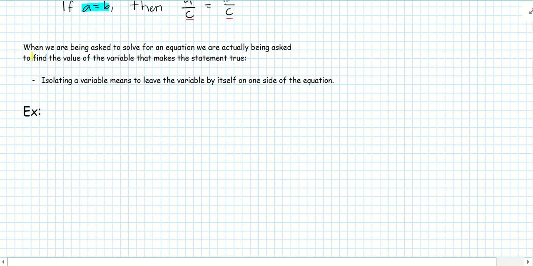That means that the equal sign is going to hold. For instance, if we have 2x equals 4, then x is going to have to be 2, because 2 times 2 equals 4. So then both sides will be the same.